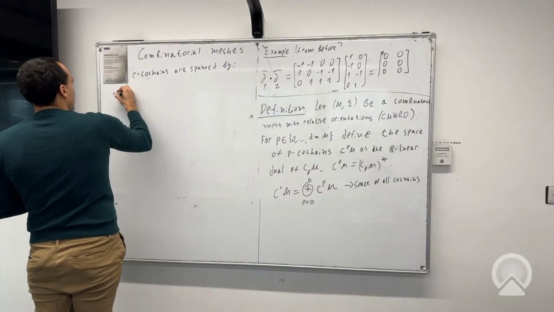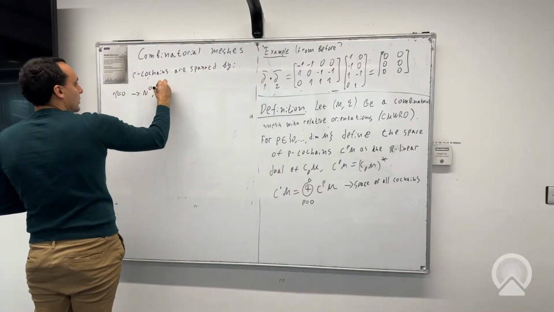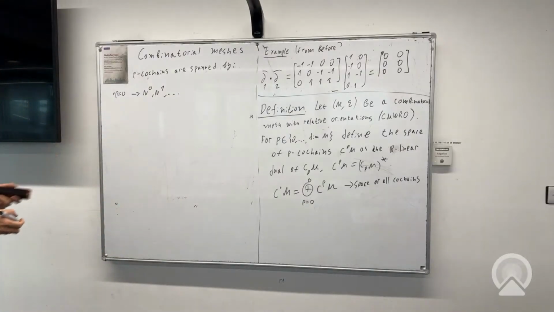For p equals 0, we have N0, N1, and so forth. I usually start the indices with 0.